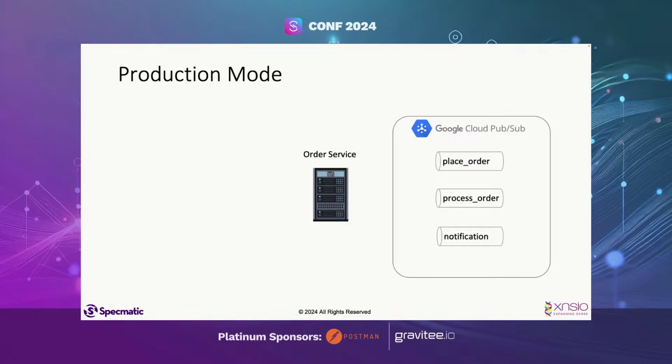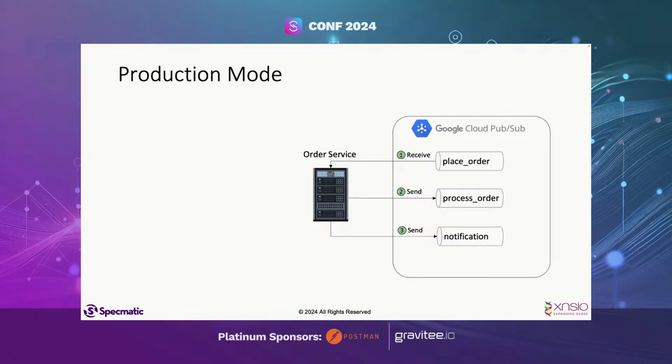Let's say we have this place order topic, on which if we drop a message with order details, the order service picks up those order details and verifies inventory, etc. And then it drops a message further onto the process order topic once it considers that the order is ready to be further processed, which other systems such as a fulfillment service could take over. Also, it drops messages onto notifications so that services such as SMS or email could kick in and appropriately act on these messages.